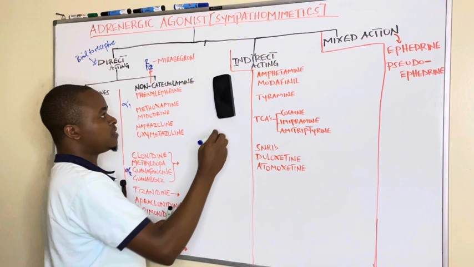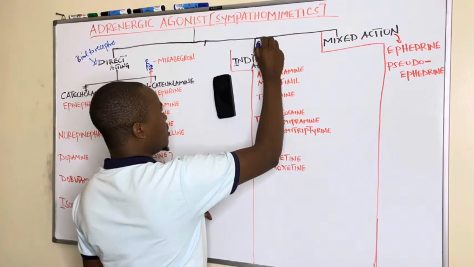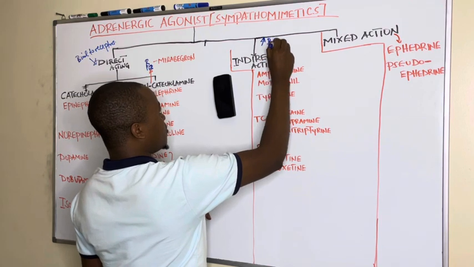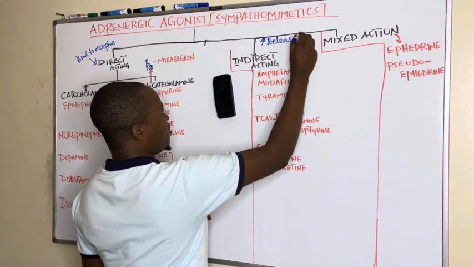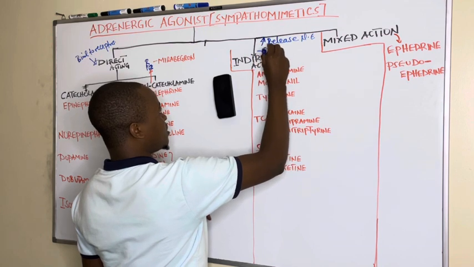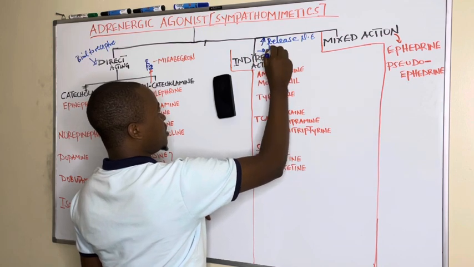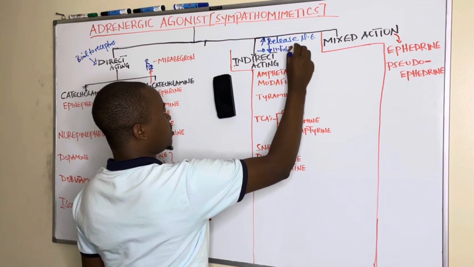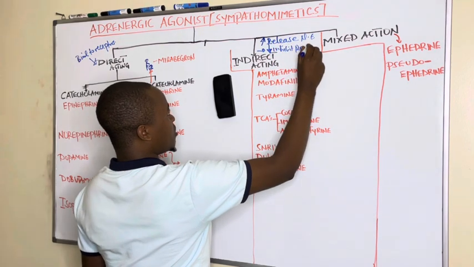Whereas indirect acting, for them, they act by either increasing the release of norepinephrine, or they act by decreasing or inhibiting reuptake.